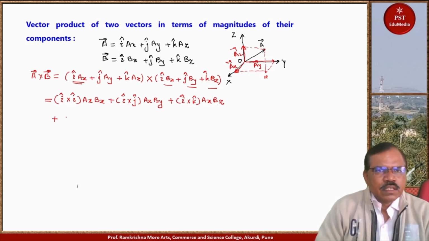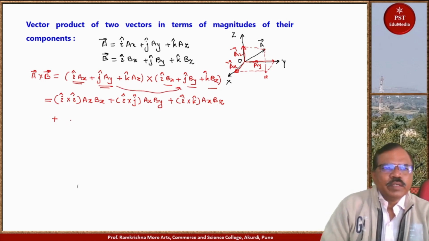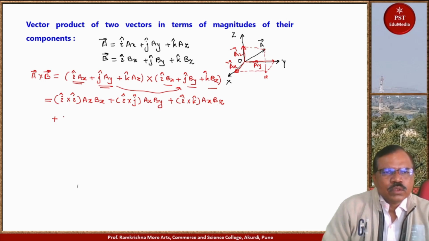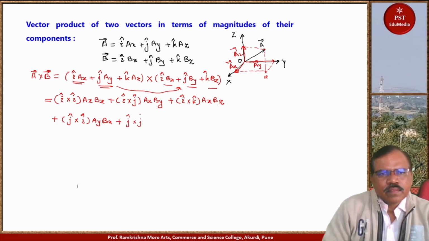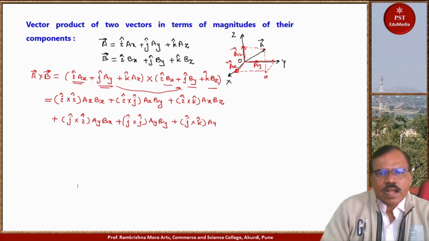Plus now the second term with all these three, so we get j ay: J cross I ay bx plus J cross J ay by plus J cross K ay bz.